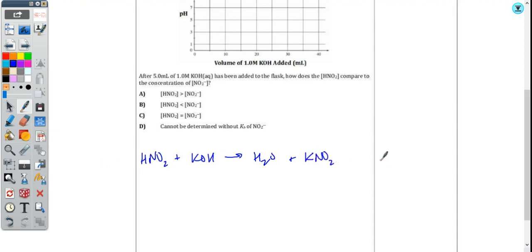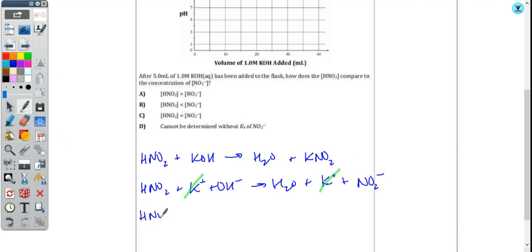But this is not a net ionic equation. This is like the molecular total ionic. Weak acid stays together. Strong base is going to be completely ionized. I'm forming water, and I've got this very soluble salt. That potassium ion tells me so. So it's really potassium ions and nitrite ions floating around. So I've got potassium ion as a spectator.